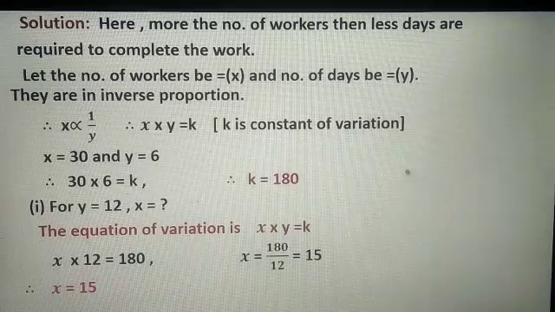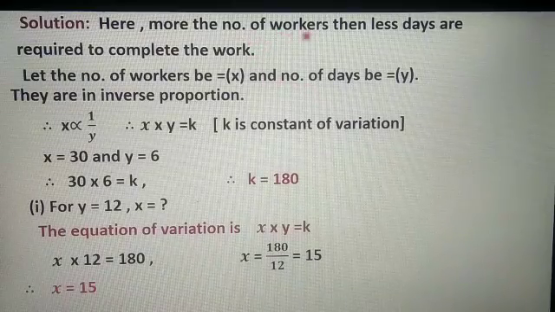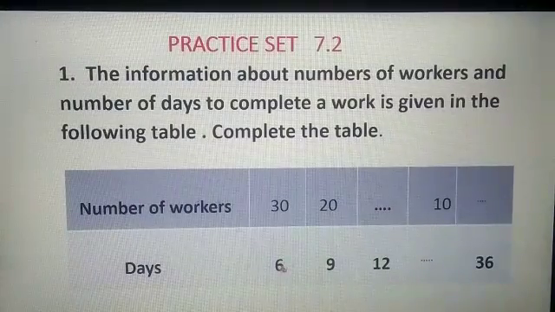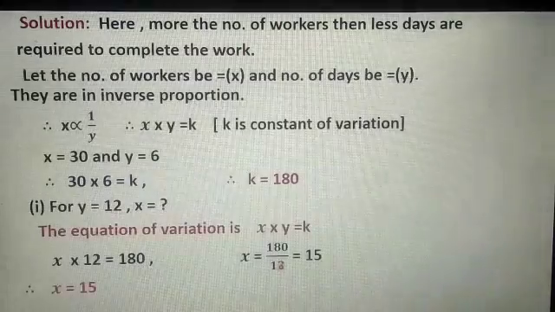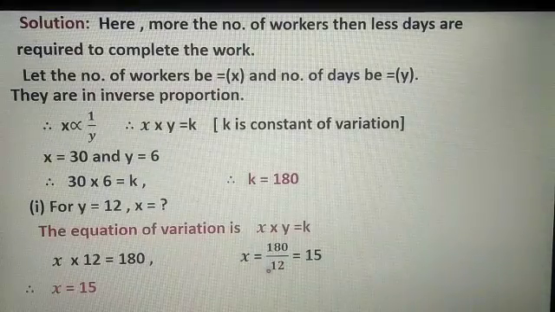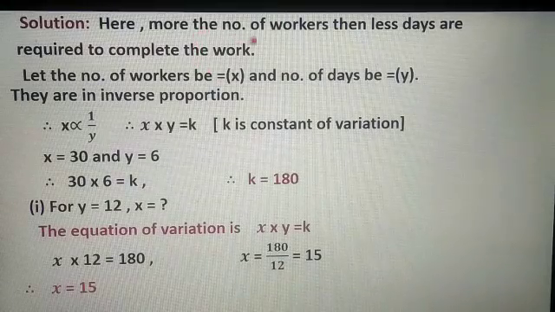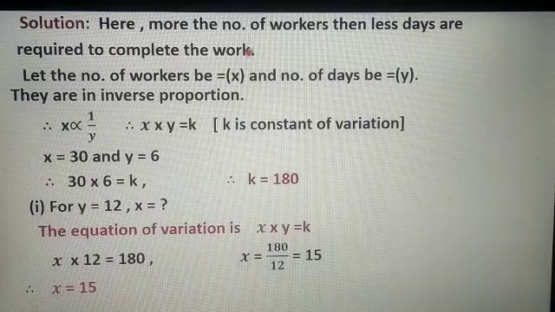So first solution. Here in the first column, number of workers are more and number of days are less to complete the work. So the more the number of workers, the fewer days are required to complete the work.